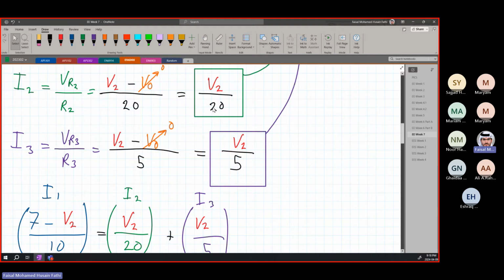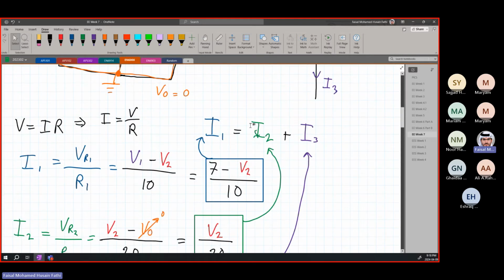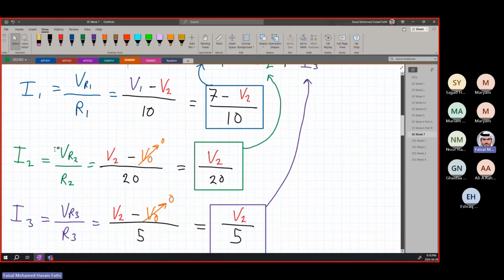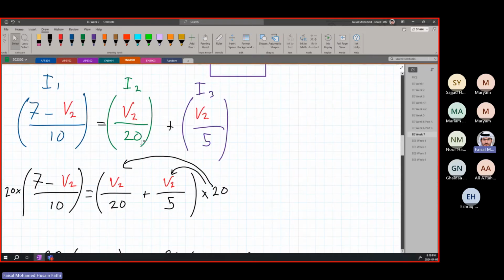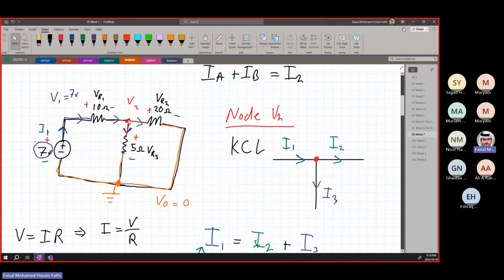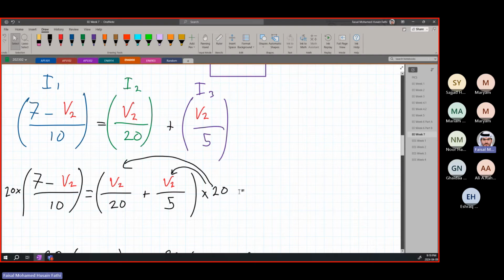That's pretty much it. Then you substitute everything into the equations for I1, I2, and I3 using Ohm's law. Once you substitute, you will see that you have one unknown, and you need to solve for it. In this case we only have one node. If you had a second node, you might have simultaneous equations, but I haven't seen that at this level yet.